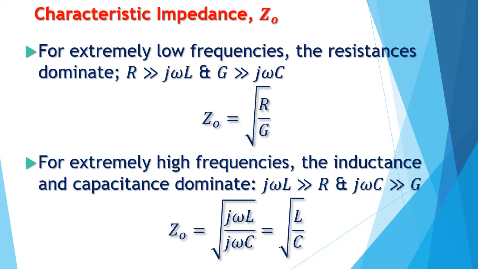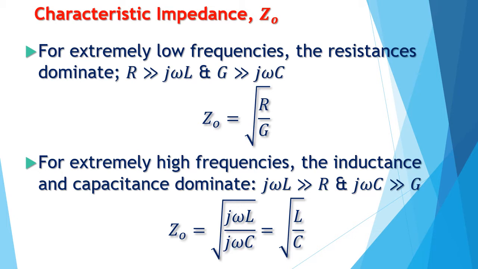It will leave a lower value than, say, the resistance R, and the same goes for the capacitance and conductance. So the approximation would be the characteristic impedance Z sub O is equal to the square root of the resistance R divided by the conductance G.